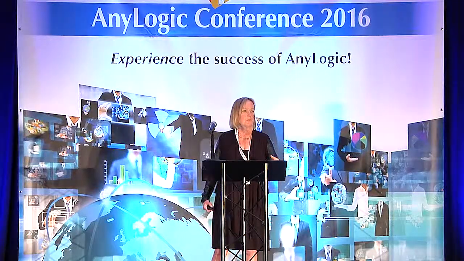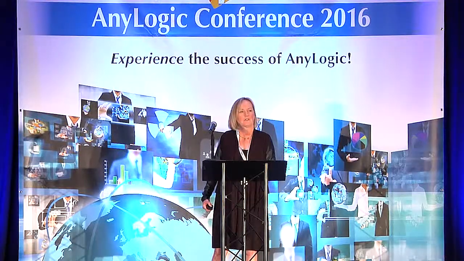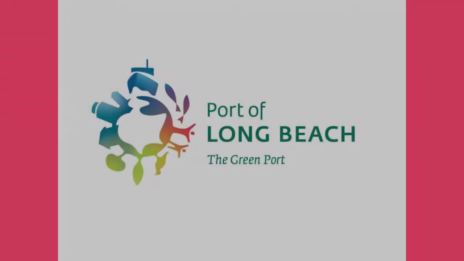So it was a use that wasn't originally intended, but since we're modeling every train and every activity that's going on in there, we can measure the pollutants that the different engines and so forth are producing. And then finally, in AnyLogic, we created a visualization of this system.